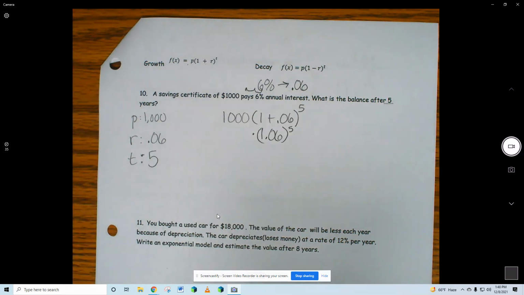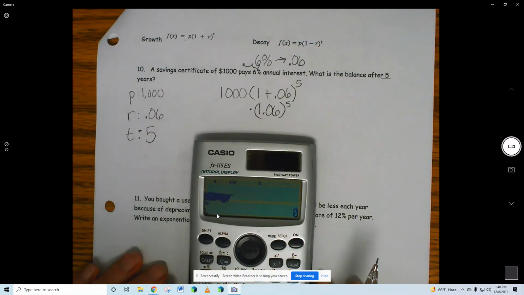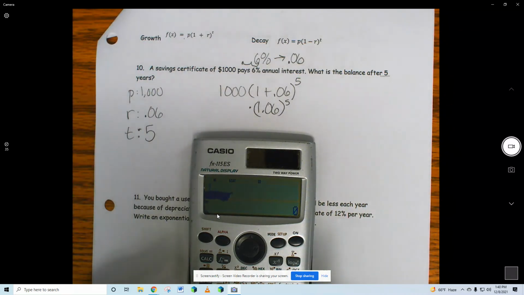So let me get a normal calculator. 1.06 to the, now I have to find the exponent. Where's the exponent?